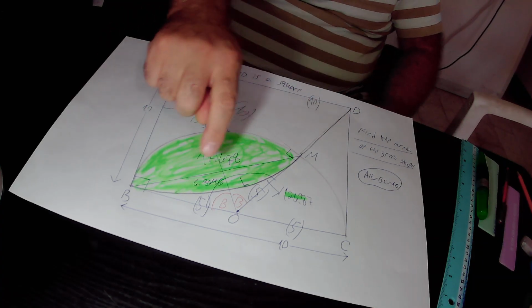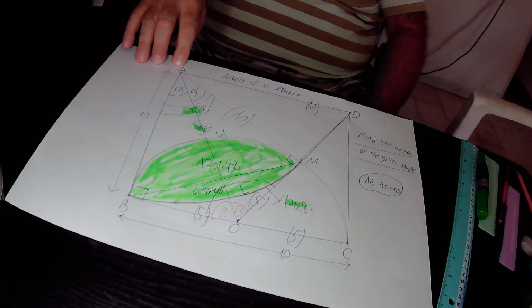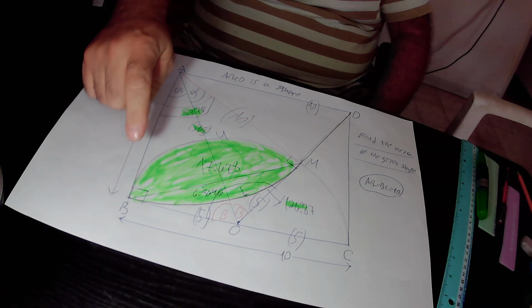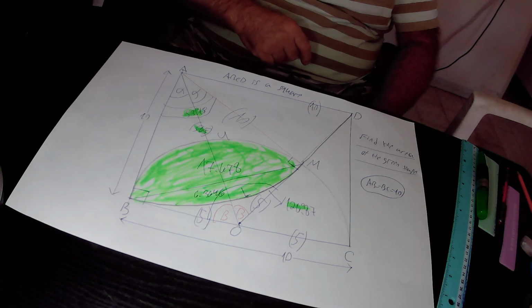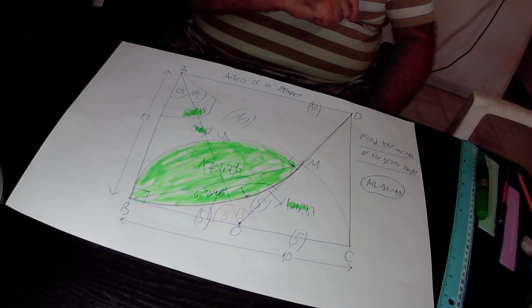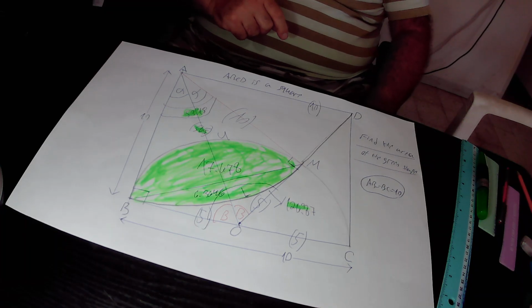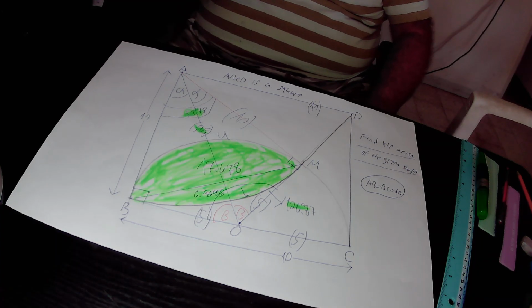The center of this big quarter circle is at point A. So point A is the center of the quarter circle, point B is a point on the quarter circle itself, therefore AB is the radius of the quarter circle, that is equal to 10. Likewise, AD is also the radius of the quarter circle, that is 10. AD is also one side of square ABCD.